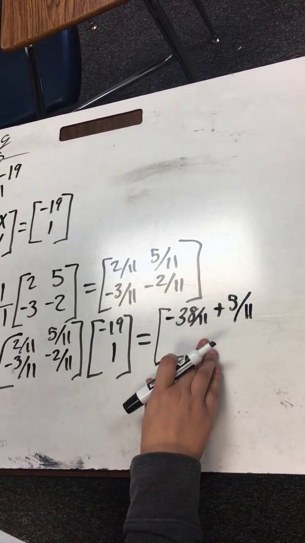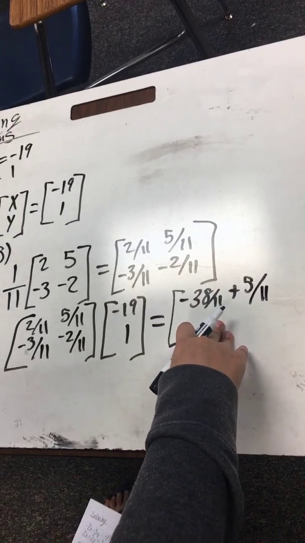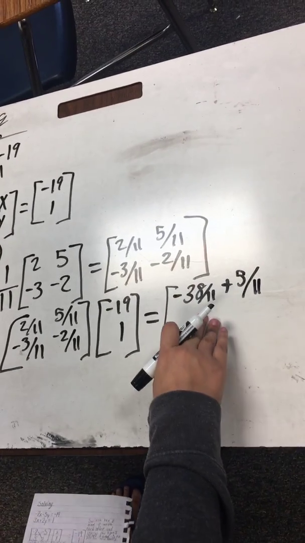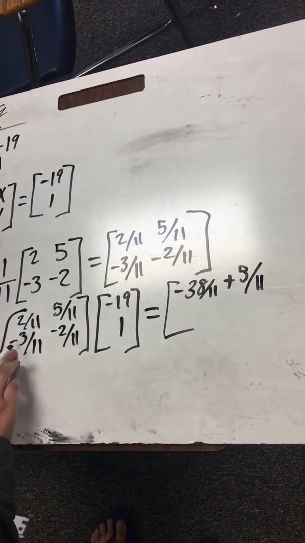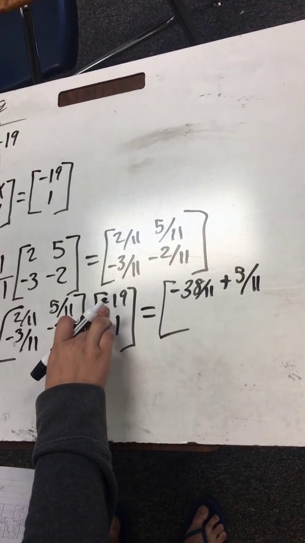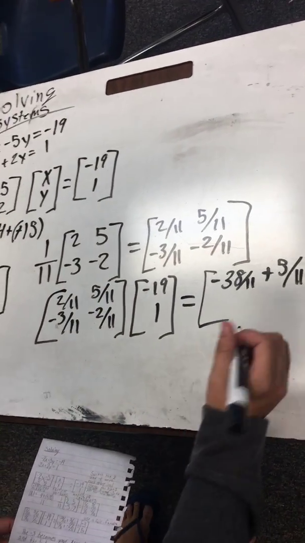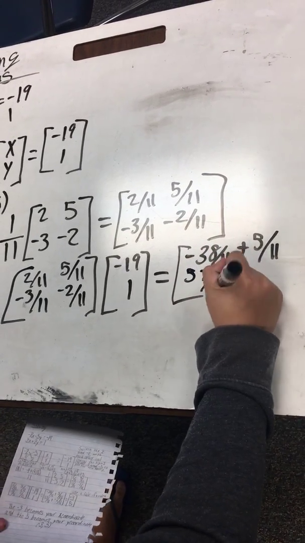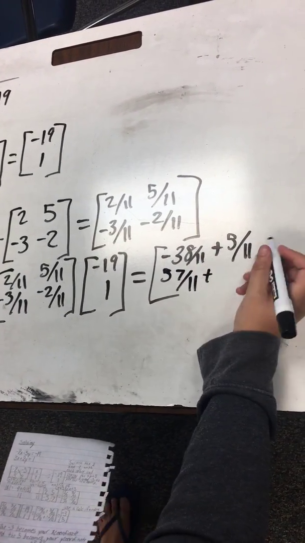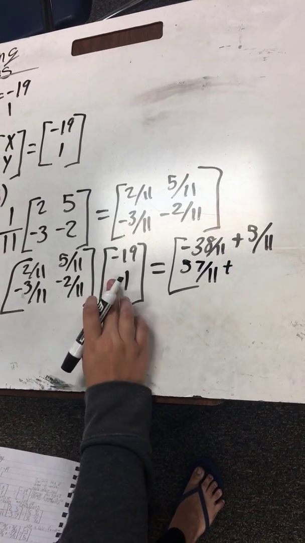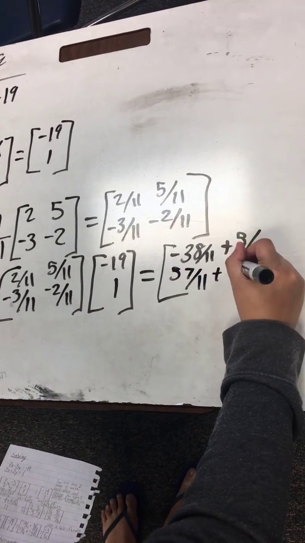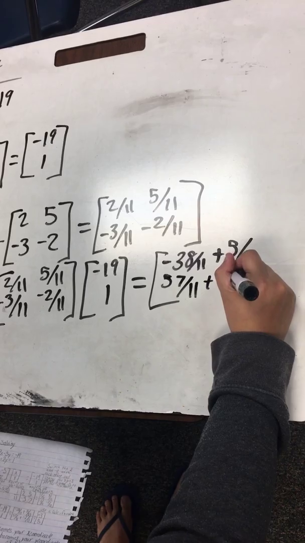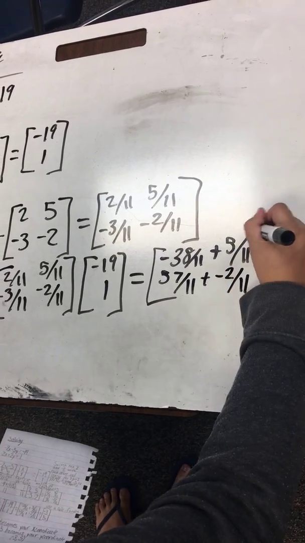Next, you will create your second row, which would be negative 3/11 times negative 19, which will get you 57/11, plus negative 2/11 times 1, which will give you negative 2/11 still.